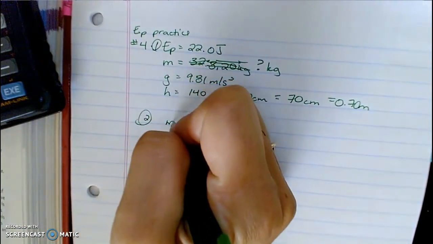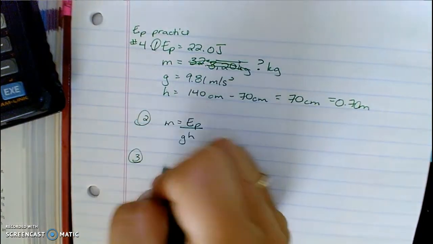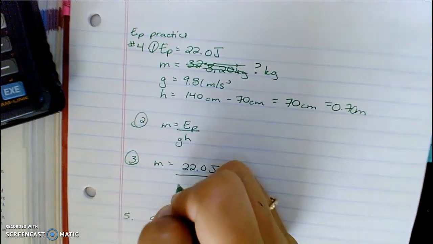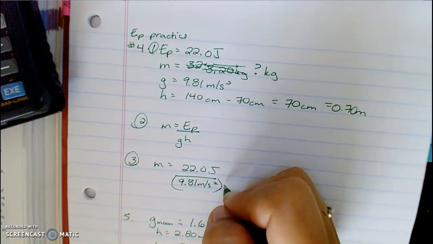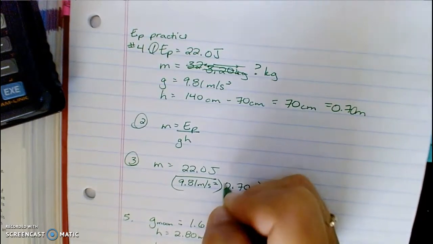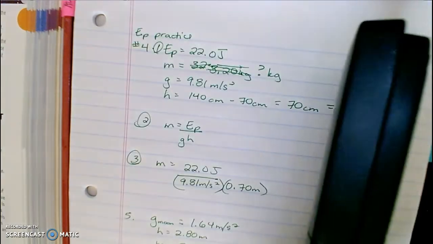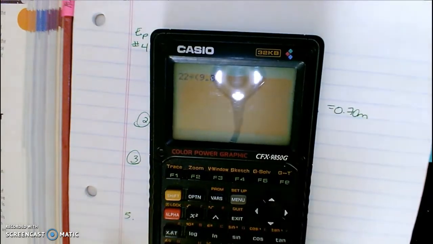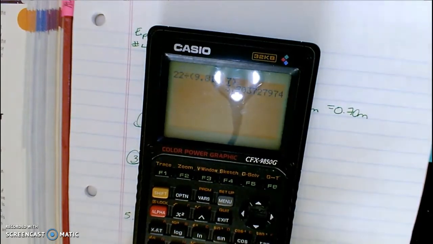Let's write that down. 1 variables, 2 formula. Step 3, plug in our numbers. 3.2.